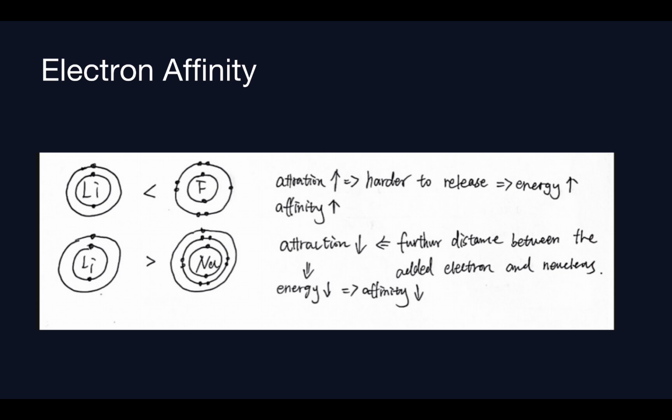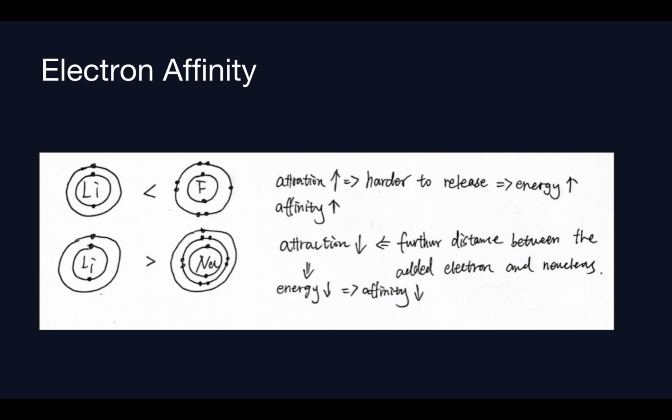Still lithium and fluorine for a period and lithium and sodium for a group. So let's take a look at the example between period first. Because fluorine has the higher effective nuclear charge, it has higher attraction.